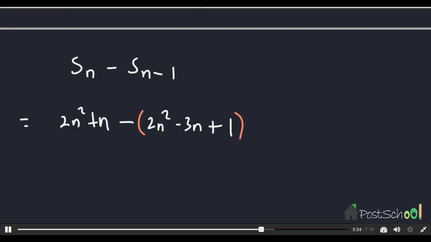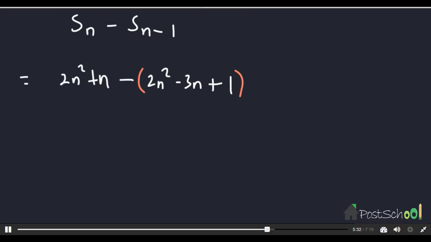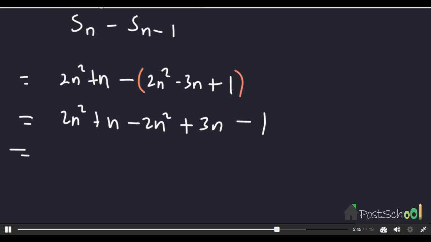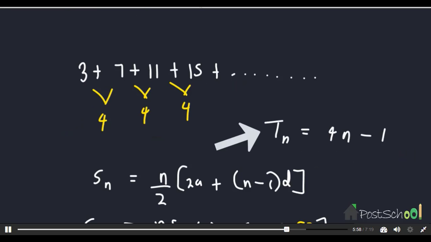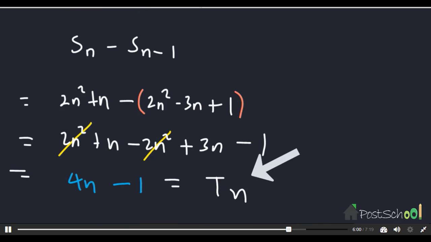It's very important to use brackets when subtracting expressions, because of the negative numbers, so that you can see how things go. So this is 2n squared plus n minus 2n squared plus 3n minus 1. The 2n squared terms cancel, and we are left with n plus 3n minus 1, which is 4n minus 1. This, as you can see, is equal to Tn.